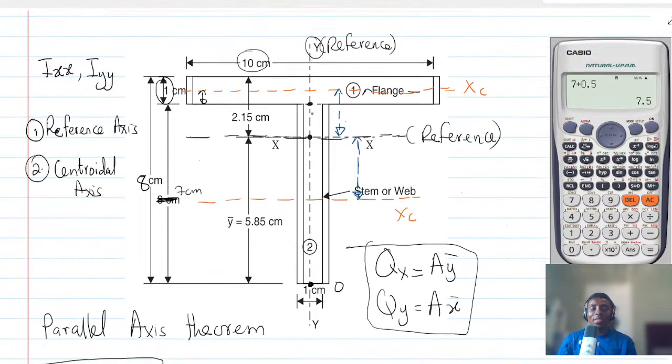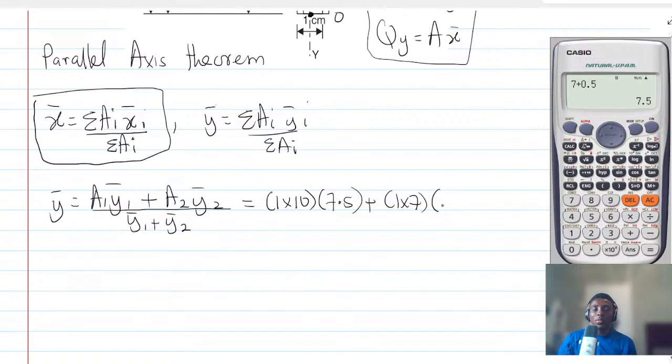So who can tell us if this is 7, what will be the y bar of the second area? So 7 divided by 2, right? So then it's going to be 3.5, isn't it? Then I will divide here by 7.5 plus 3.5.